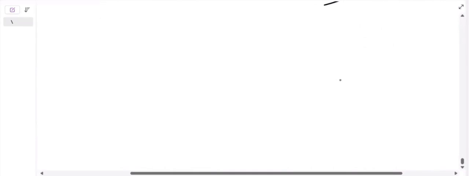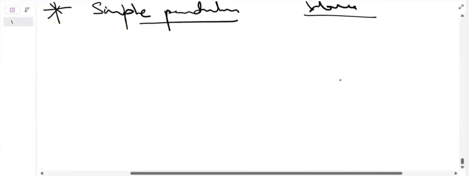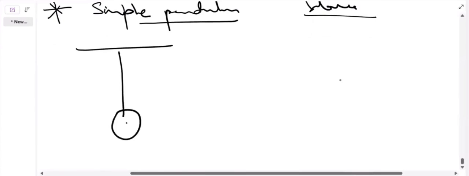Now let's pay attention over here. When we are having the simple pendulum with us, we can compare the wave with this wave behavior. If suppose this is my simple pendulum and it goes like this, it comes back and it goes like this.